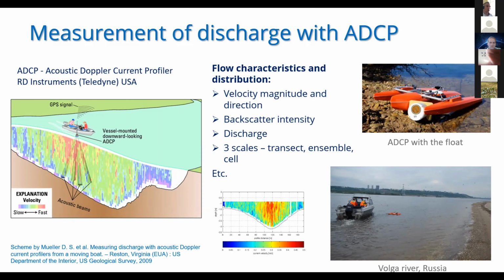And it brought a lot of information about current distribution, not only total discharge, but magnitude and direction of velocity on different parts of cross section.